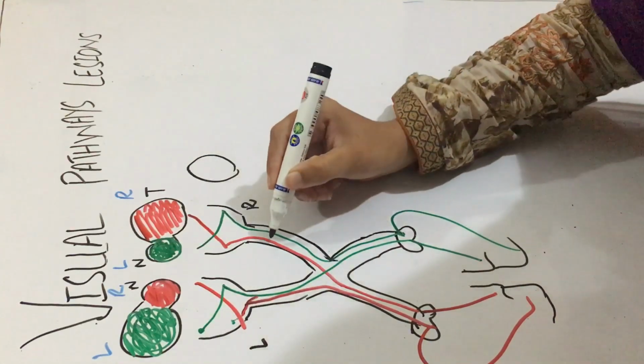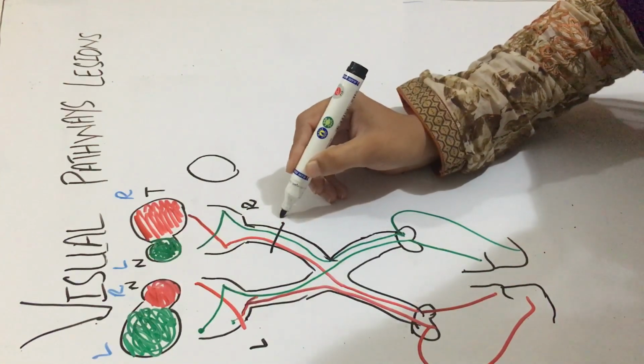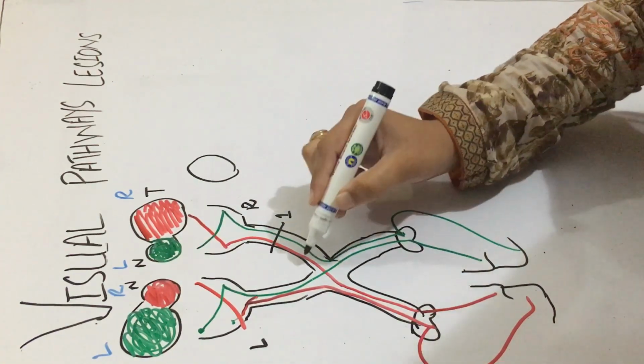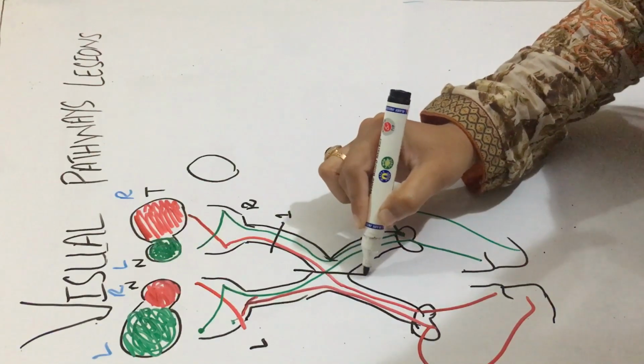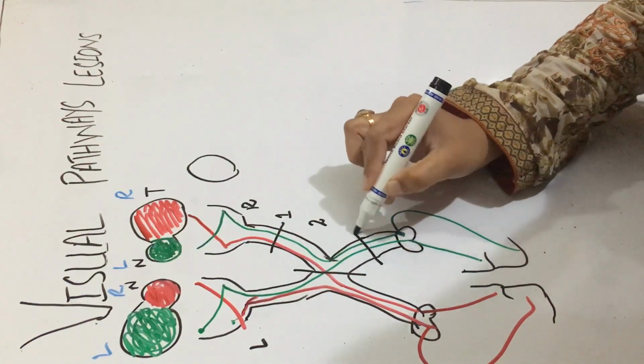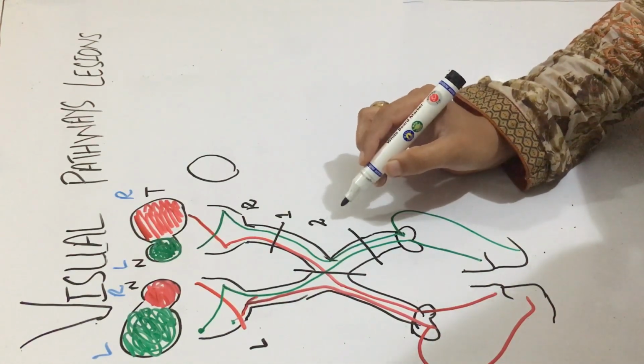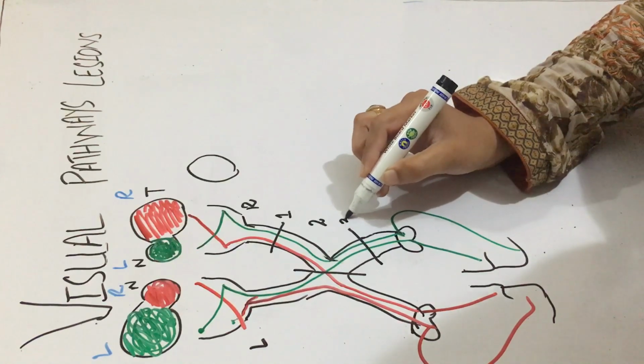Okay. If there is a lesion at the level of the optic nerve, I give it the number 1. If there is a lesion at the optic chiasm, that is number 2. If there is a lesion at the optic tract, it is lesion 3.